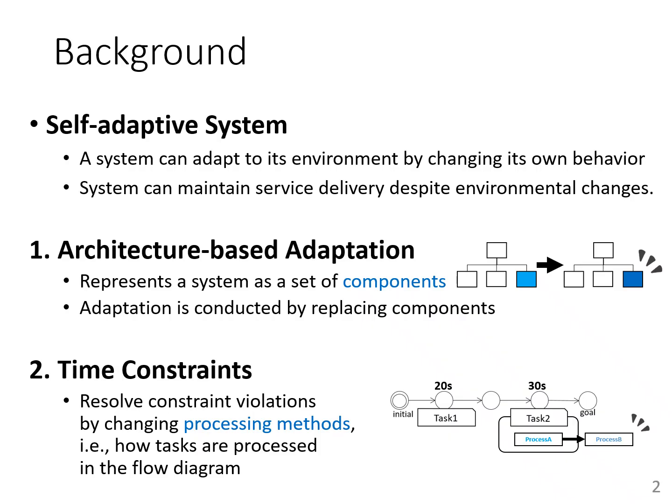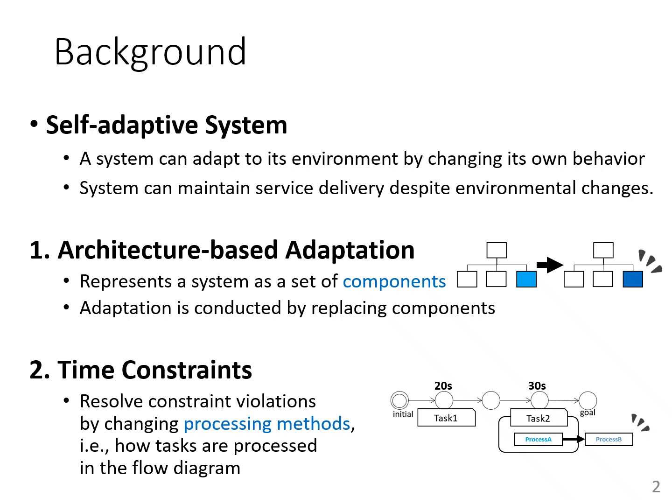Compared to code-based adaptation, architecture-based adaptation enables reasoning at a higher level of abstraction. This work also addresses time constraints. In many real-world systems, tasks must be completed within certain time constraints. Violating these constraints causes serious issues.